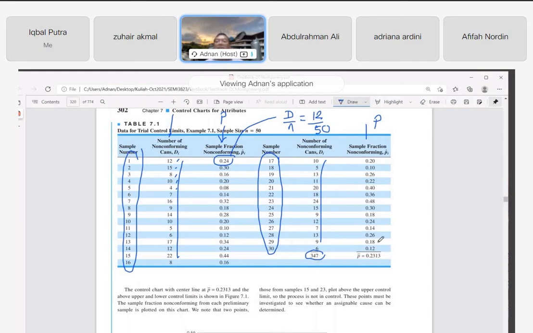And then we need to get P bar. Remember in our control chart, we need to have the central line. This is the central line, the average of P, which is P bar.